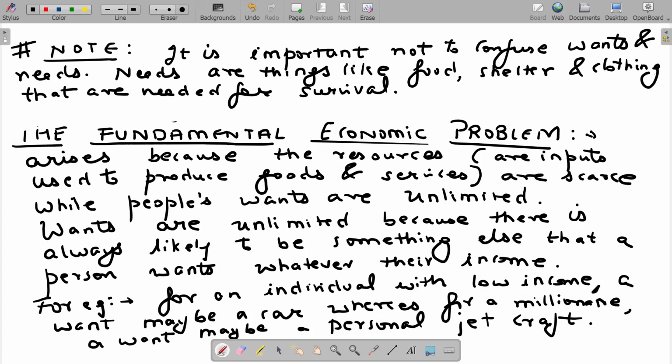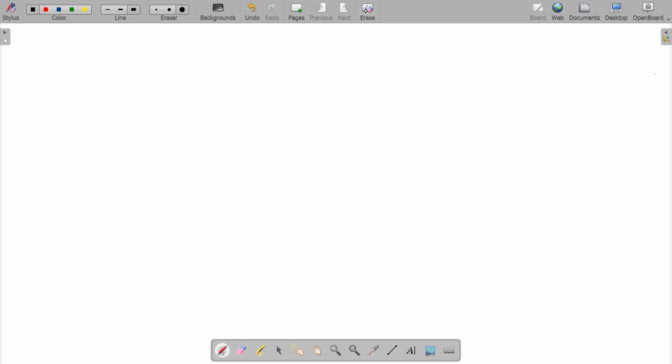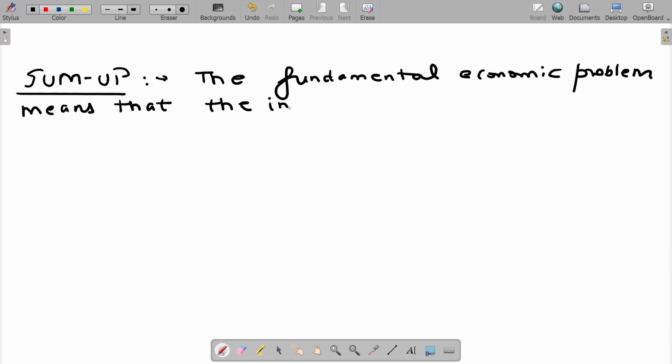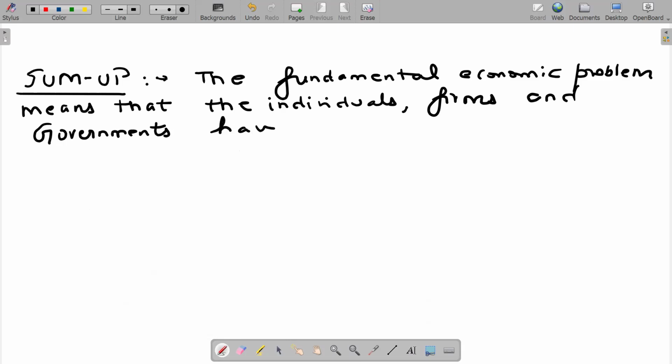If I quickly sum up now, let me erase all this off now, so I can sum up that the fundamental economic problem means that the individuals, or the firms, can also be the government, they all have to make choices.